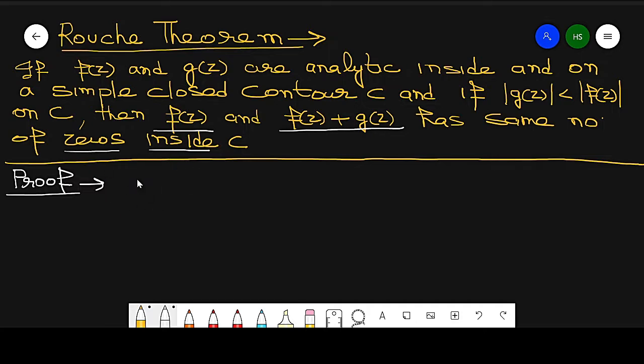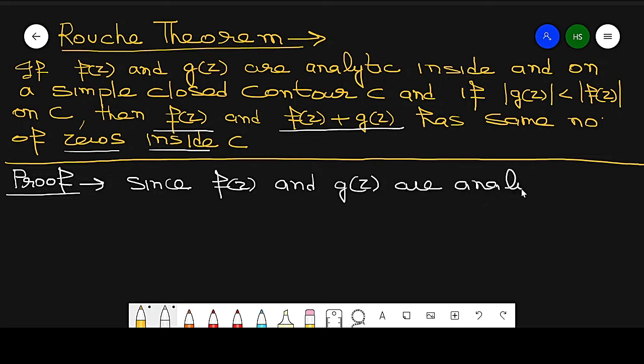Now what is the given part? f(z) and g(z) both are analytic within and on a closed contour C. This is one condition.